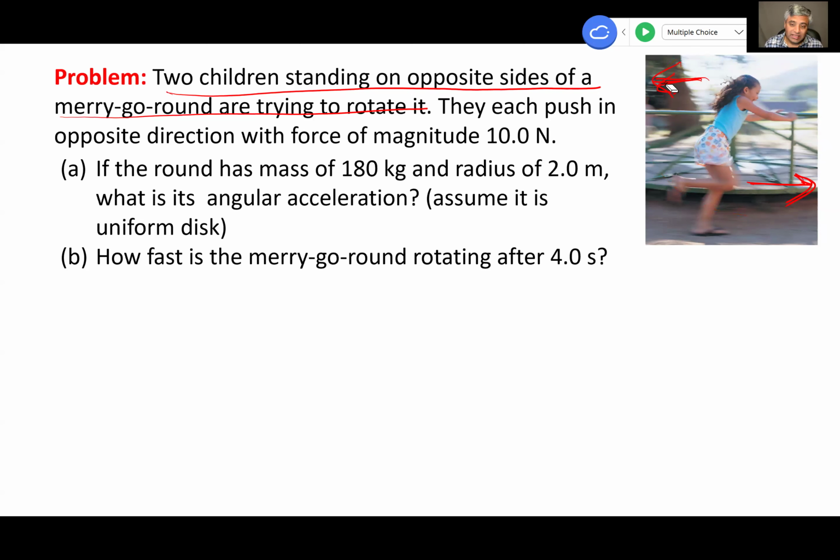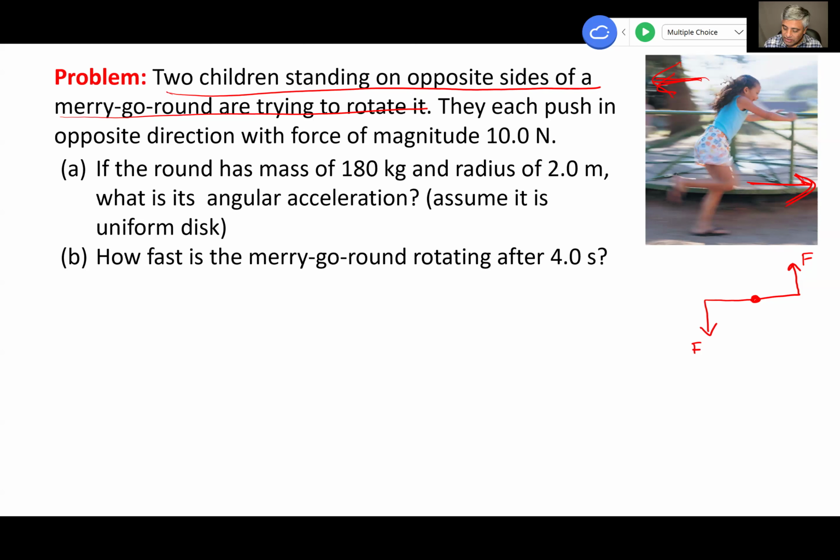So we can make a free body diagram of this one, something like this. One person pushing like this, another person pushing like that, and the pivot is over there. This force and that force are both the same, so rather than writing F1, F2, I'm just writing F here.